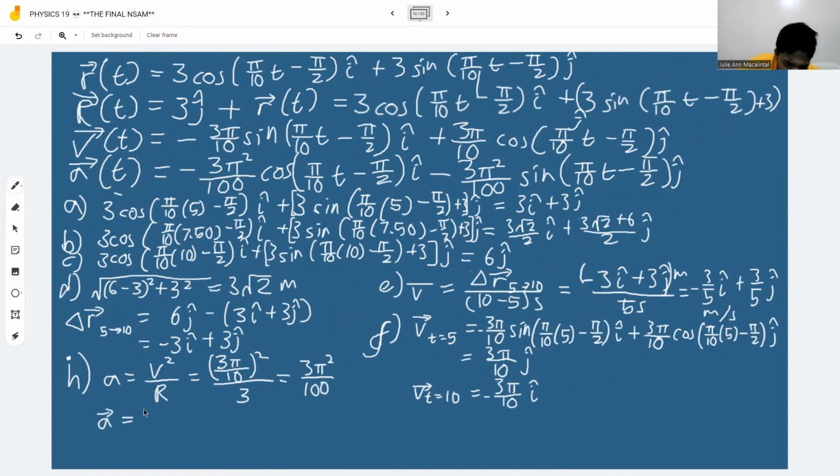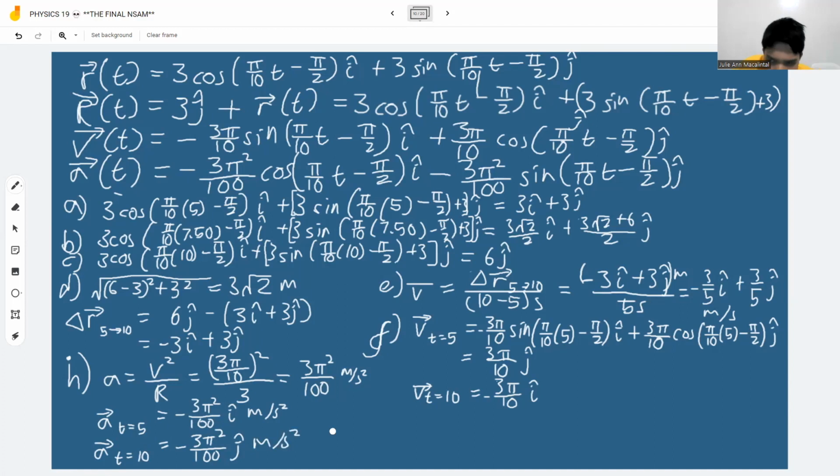Yung units, meter per second squared. Okay, ngayon acceleration at t equals 5. So it should be a vector. So magnitude times direction. Meter per second squared. Ayan.